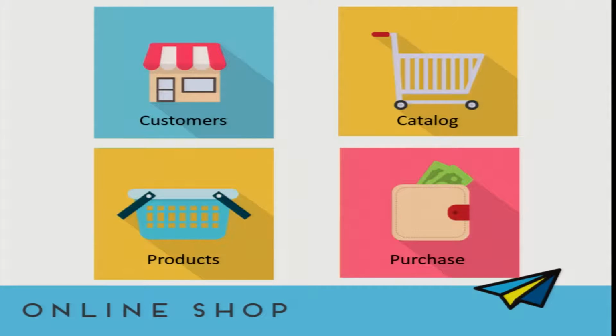For example, in one application for an online shop, we probably have these modules you see on the screen: customers, catalog, products, purchase. And when we create the KB with GeneXus, we set up folders in our KB, and this is what we had so far in order to group objects.